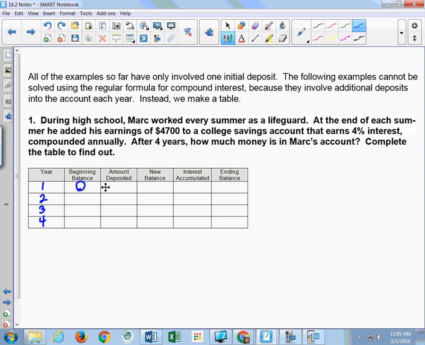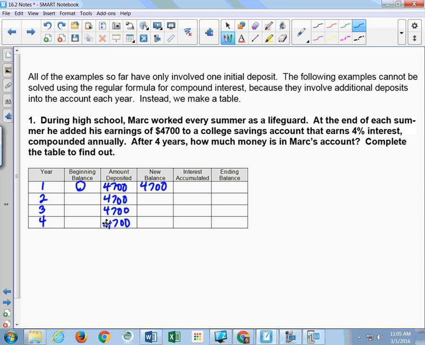Then that year, he deposited $4,700 after he worked, so his new balance is $4,700. How much is he going to deposit every year? $4,700. So we can go ahead and fill in those blanks now.